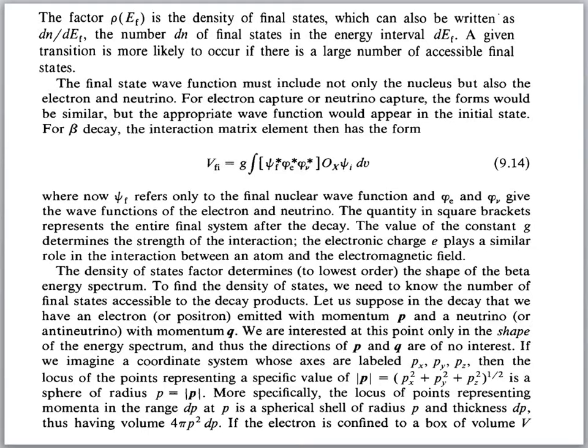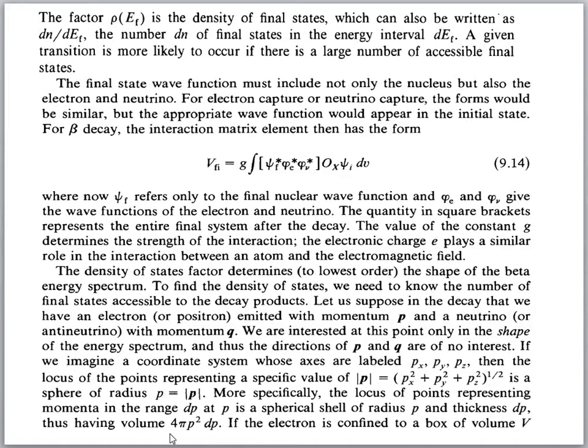So if we consider a coordinate system having axes px, py, pz, and we represent the states in it, the number of states having energy between E and E plus dE is given by the number of states having momentum between p and p plus dp. That we will get from this momentum space. So we can get momentum p as the square root of px squared plus py squared plus pz squared.